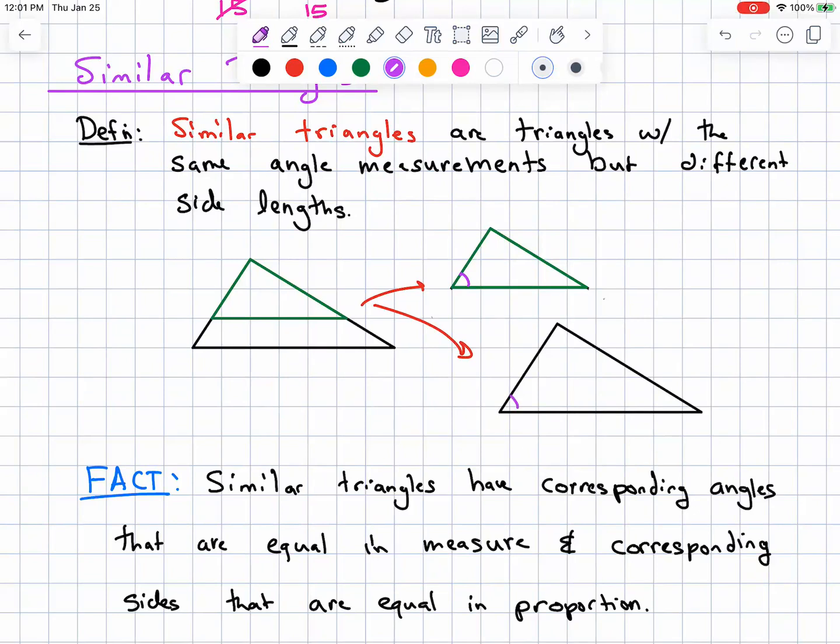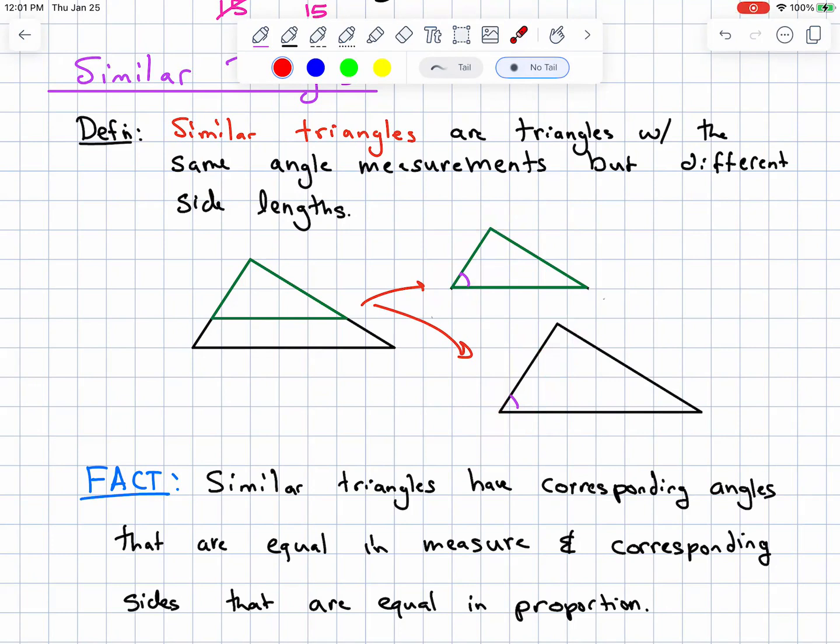Those are the corresponding angles, and those are equal to each other. They're just the same thing. If this angle is 45 degrees, so is this angle. And then what they're saying is that this side length and this side length are corresponding side lengths, and they are proportional.